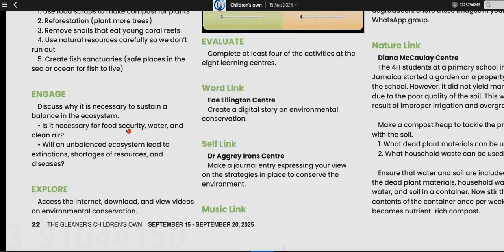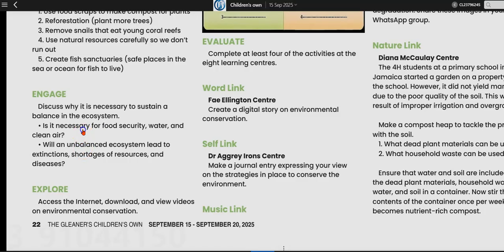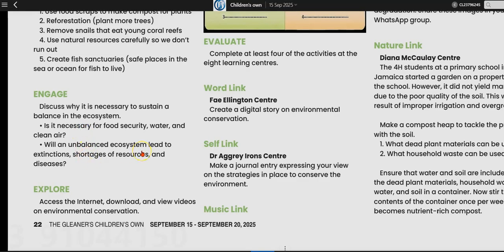If we don't take care of the trees and so on, we have less water, right? And if we're constantly burning things, then our air will not be clean. And in terms of balance, animals that depend on certain plants can go extinct. Shortages of resources, yes, and diseases as a result of all of those other things.